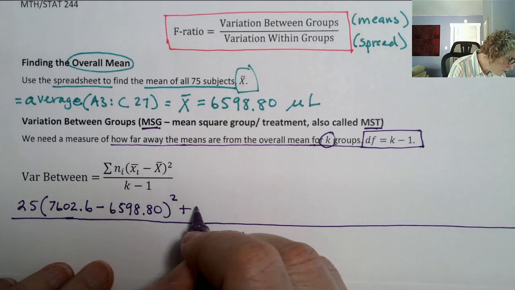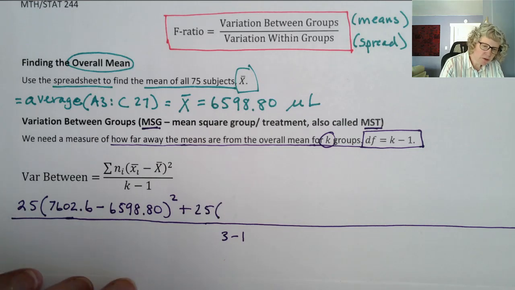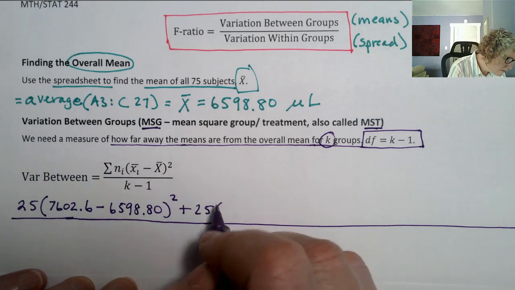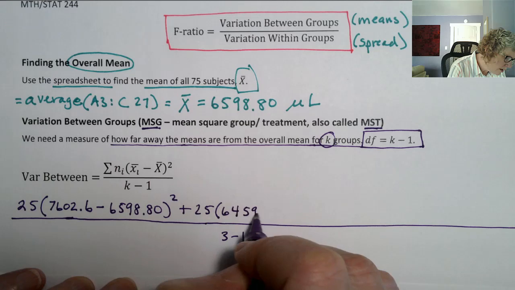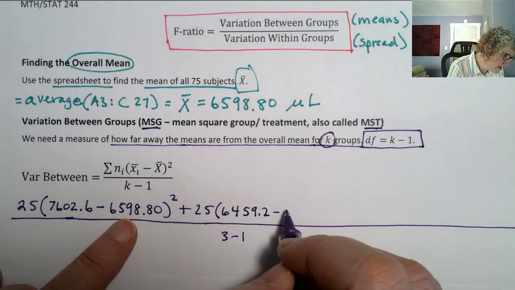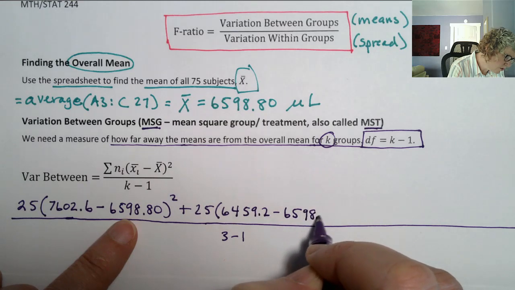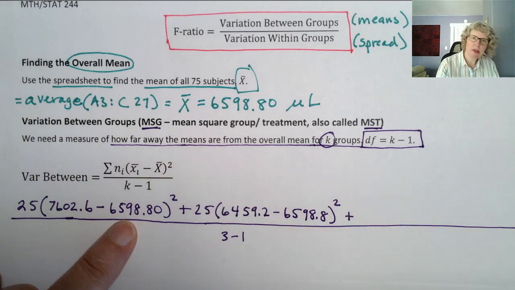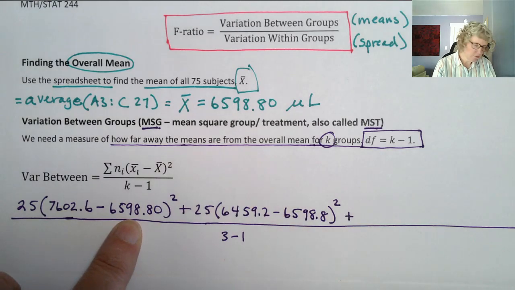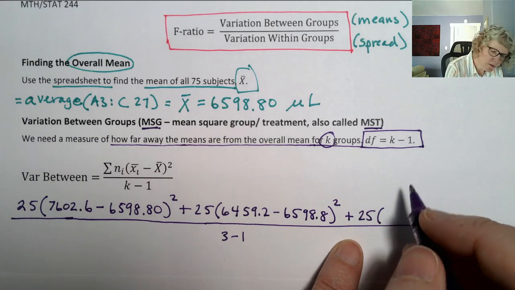Okay, so let me fill in the second one. 25 also, because the second N is also 25. This time my group mean is 6459.2 minus the same overall mean, 6598.8. I'm going to drop off that 0 just so I save a little space. Plus my third group size, also 25.